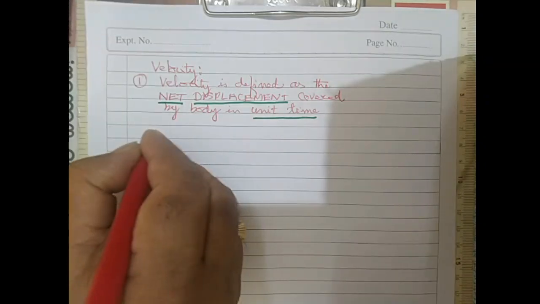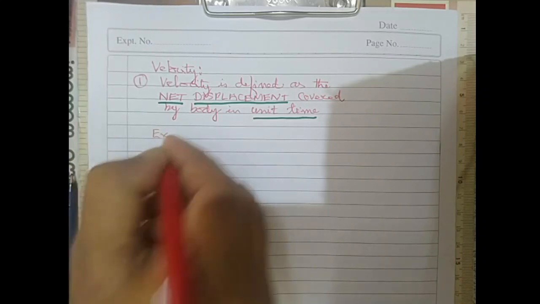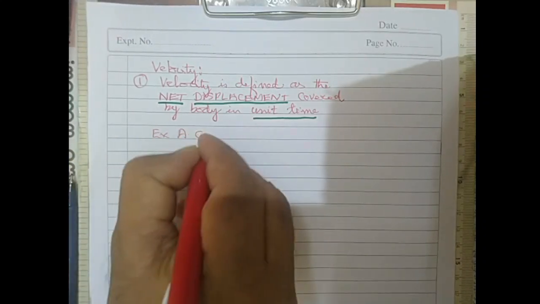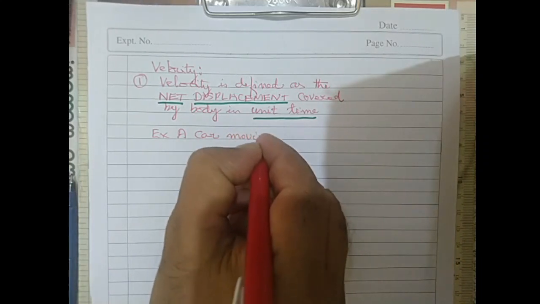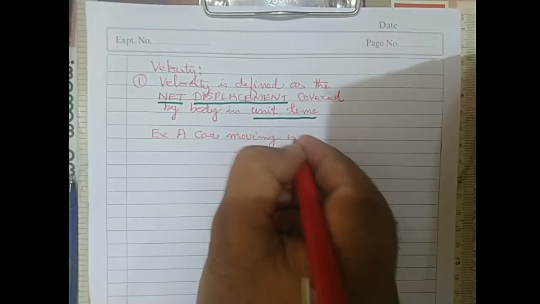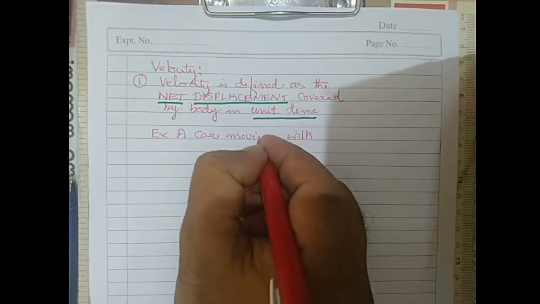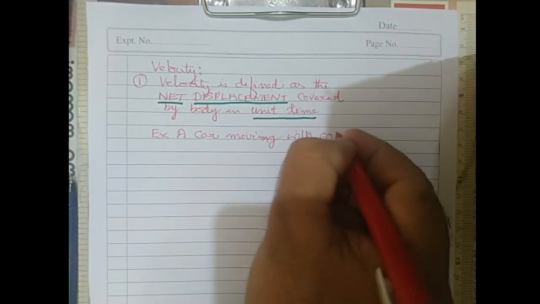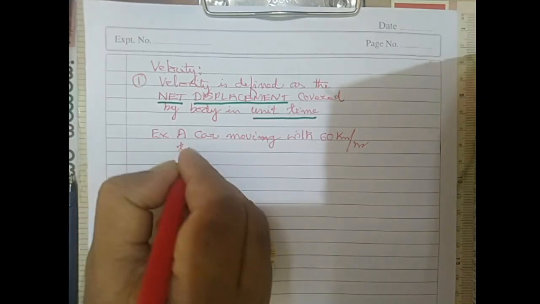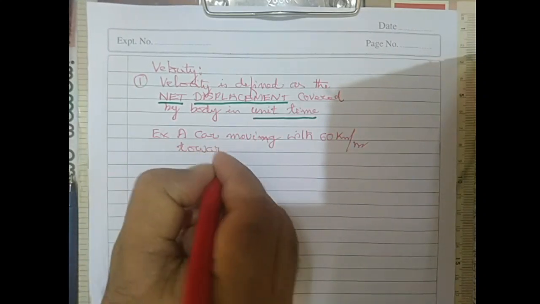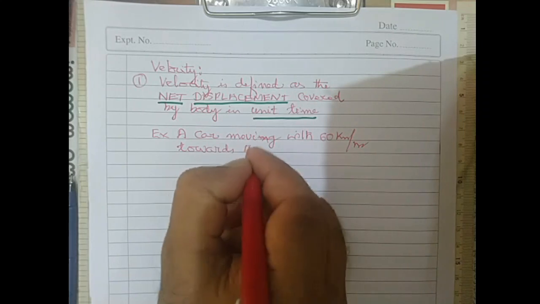I'll give the example. You see here, a car moving with 60 km/h towards east.